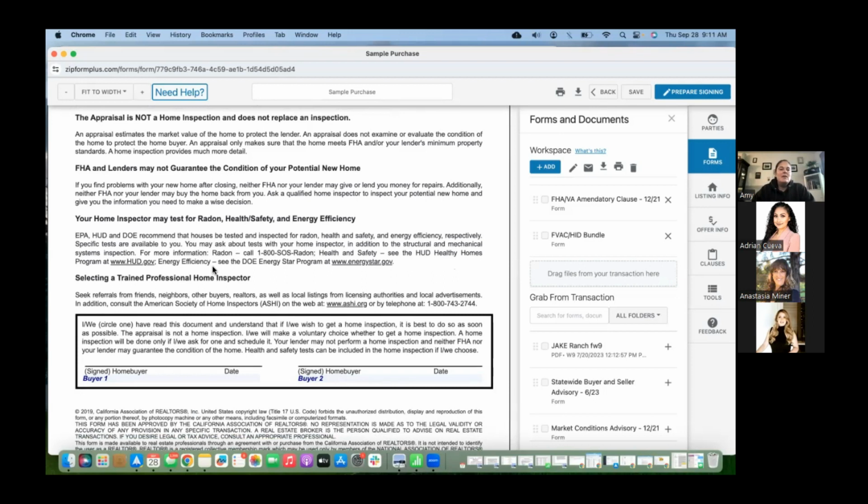EPA, HUD, and DOE recommend that houses be tested and inspected for radon, health and safety, and energy efficiency, respectively. Specific tests are available to you. You may ask about tests with your home inspector in addition to the structural and mechanical systems inspection. For information, on radon, health and safety, see the HUD Healthy Homes program at HUD.gov. For energy efficiency, see the DOE Energy Star program at EnergyStar.gov, right?